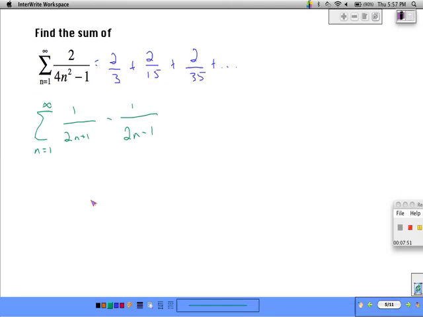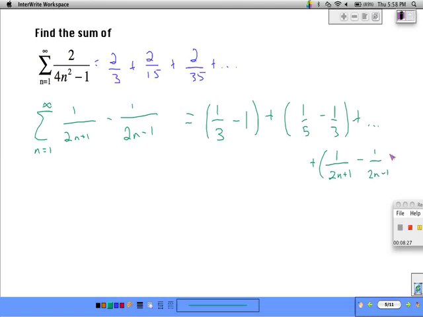If I write this out, what I find is that this is equal to 1/3 minus 1, plus 1/5 minus 1/3, plus so on and so on, plus this generic term, and then we can look at what's going on with these cancelings.